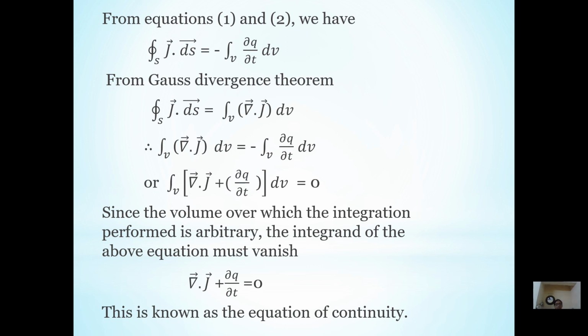Hence, the charges are decreasing. So we can write del dot J, or divergence of J, is equal to minus delta Q by delta T, and this is known as the equation of continuity.